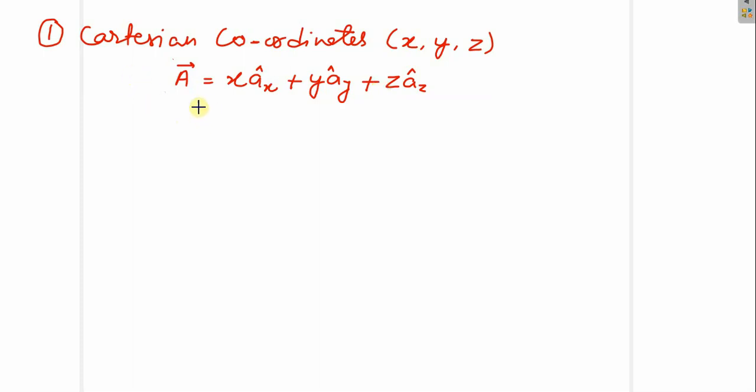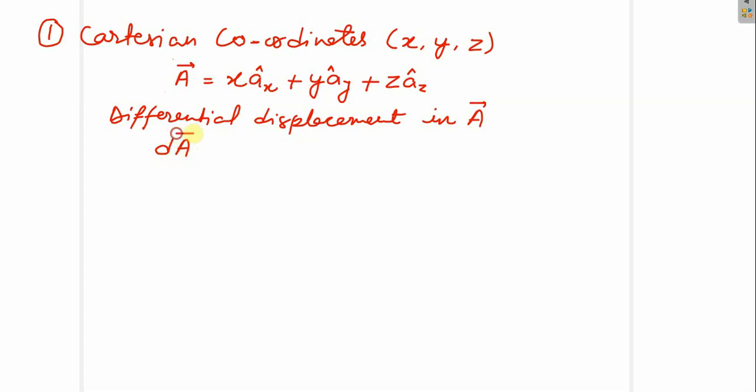Now if I talk about the differential displacement in A, the differential displacement in A will be represented as dA. Obviously, it can also be represented like dx in the direction of the ax unit vector, plus dy ay, and similarly dz az.